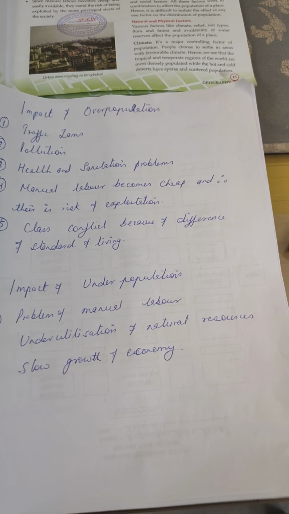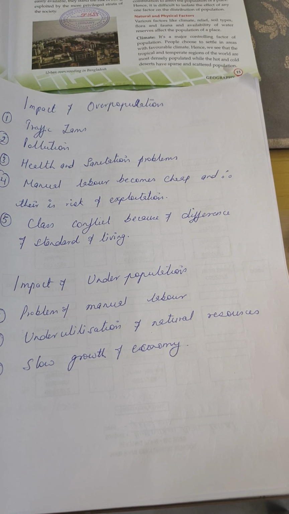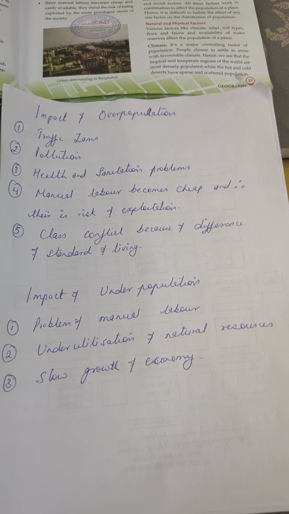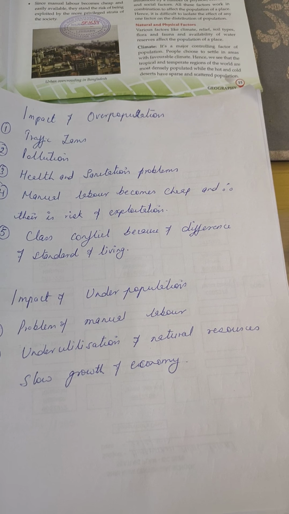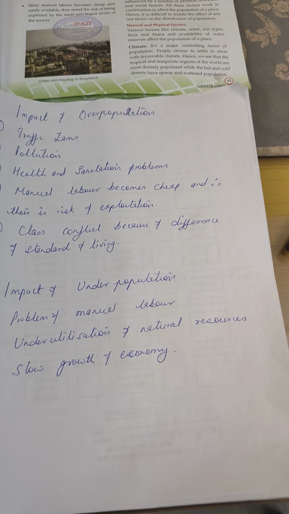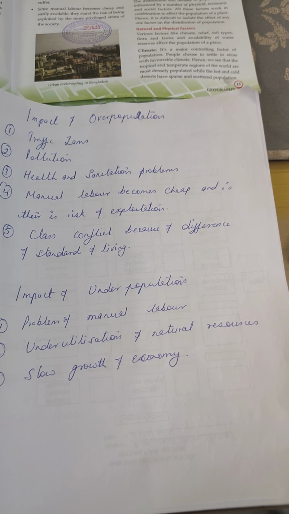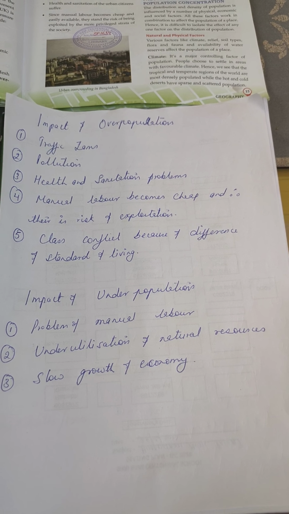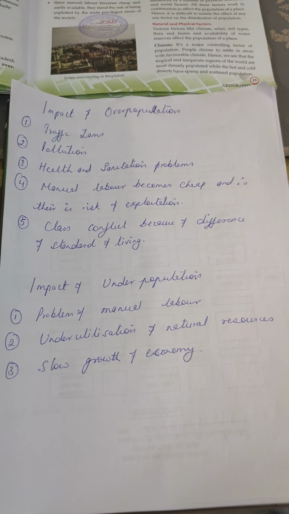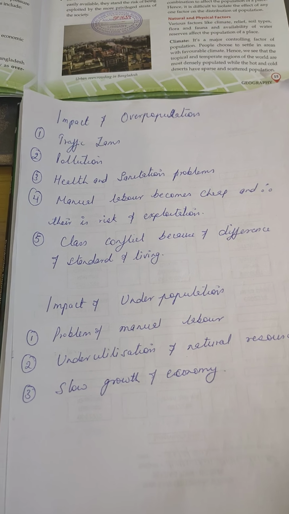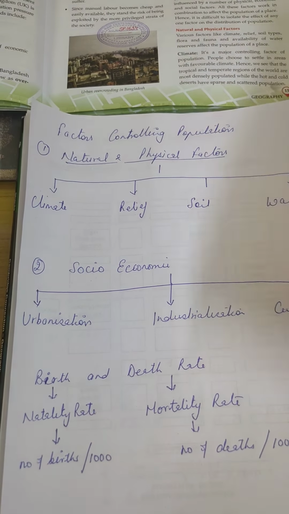And when the natural resources are not being utilized properly, the economy is also very slow. In industries, fewer people are working, so there is less output, less yield, and therefore the economic condition also declines. That is what happens in a place where the area is underpopulated.